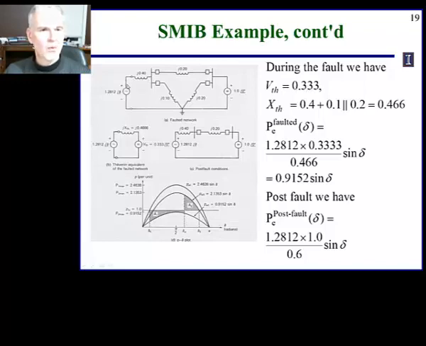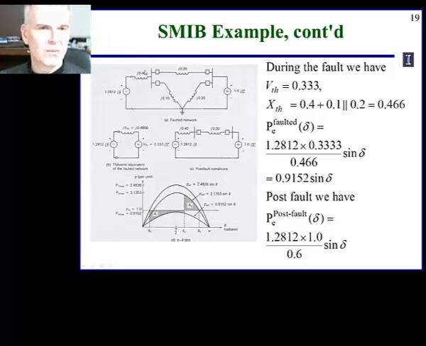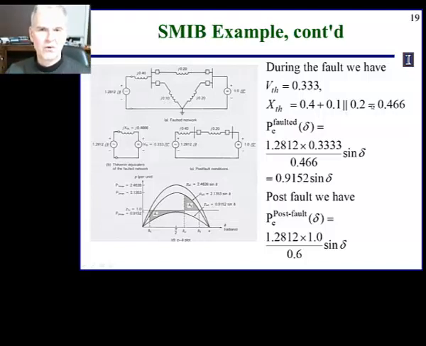Then we look at what is the Thevenin equivalent impedance looking out into the network during the fault. We've got the 0.4 reactance here. Then we've got that in series with the parallel combination of 0.1, 0.2, and that gives us a reactance of 0.4 plus 0.66. And that gives us X Thevenin is this value right here.